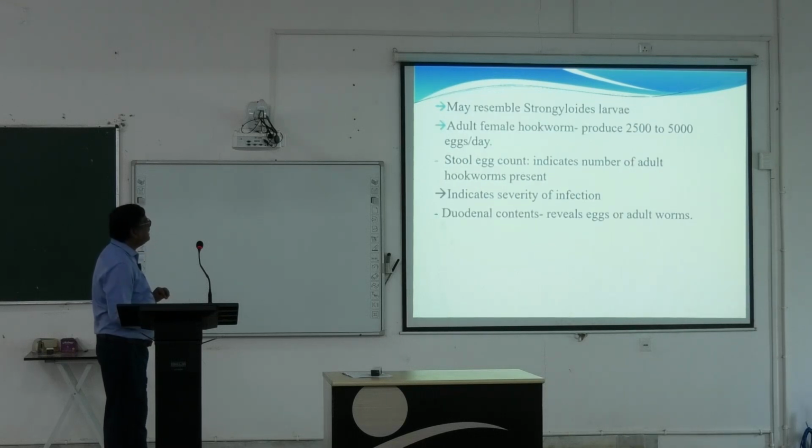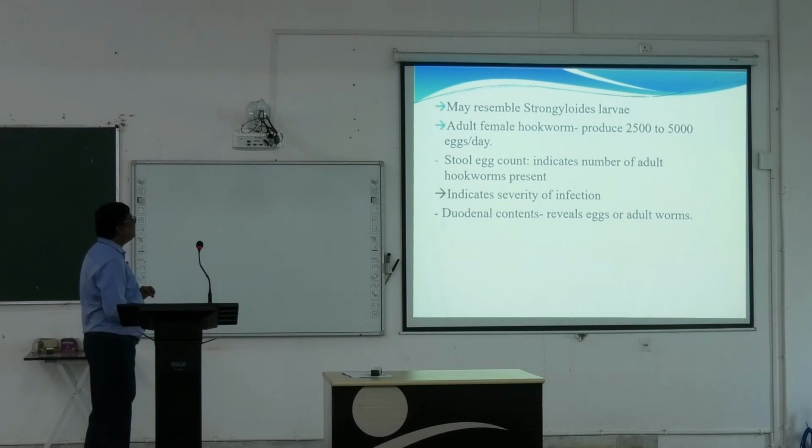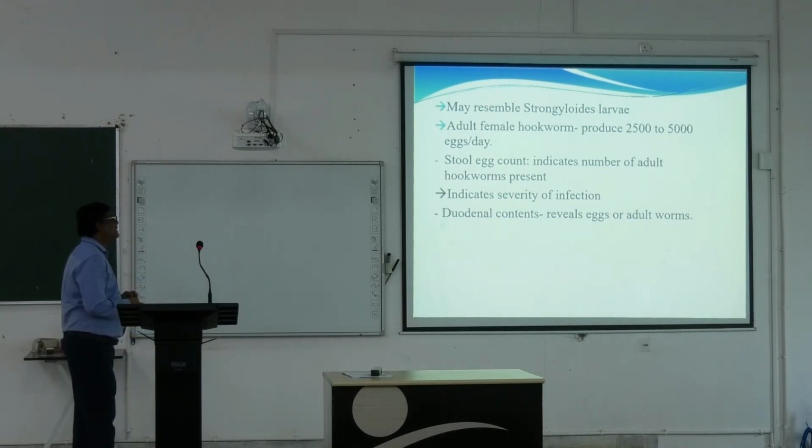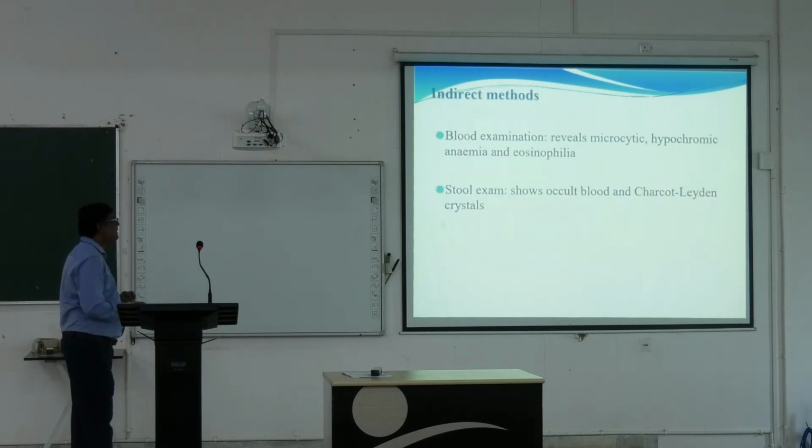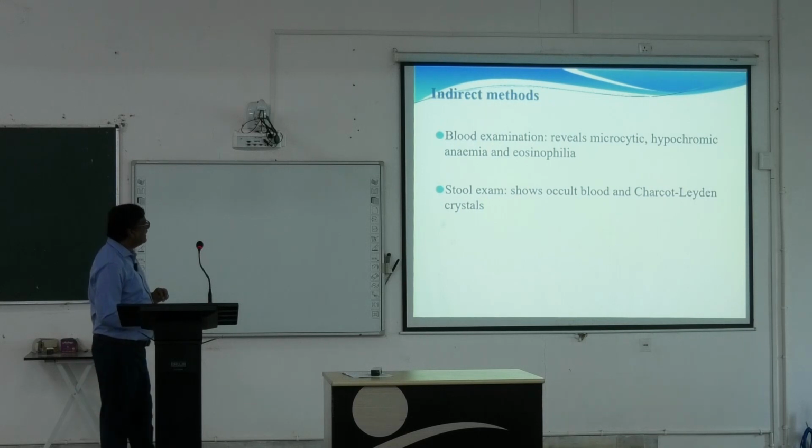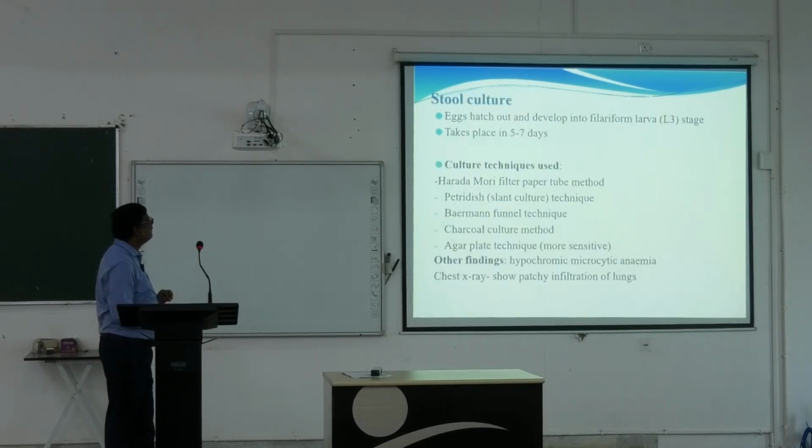They may resemble Strongyloides stercoralis. An adult female hookworm produces such eggs per day, and I have already told about the duodenal contents in case of fecals. Indirect methods are there: eosinophil estimation, and stool examination also for Charcot-Leyden crystals.